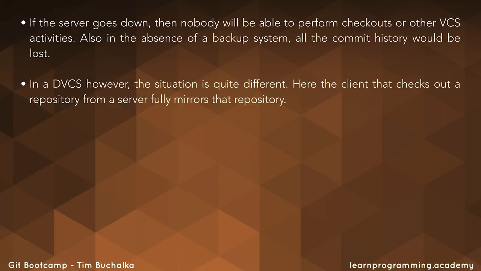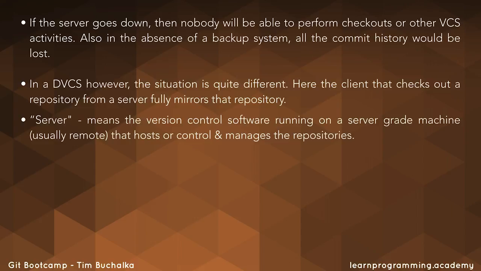In this scenario, the client that checks out a repository from a server fully mirrors that repository. And just for some definitions here, server means the version control software running on a server-grade machine, usually remotely or on a remote site that hosts, controls and manages the repository in some way.